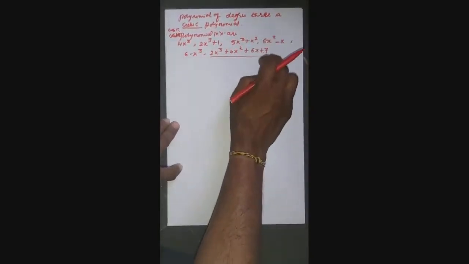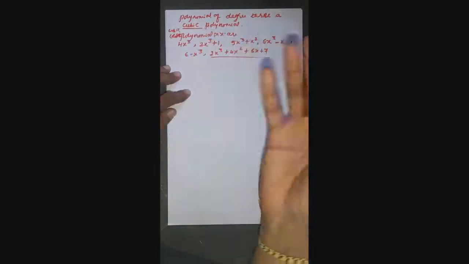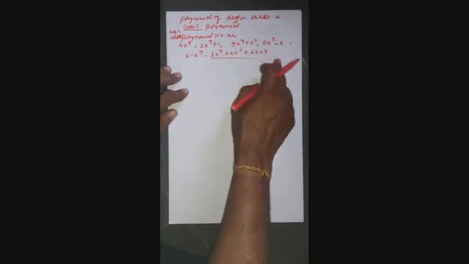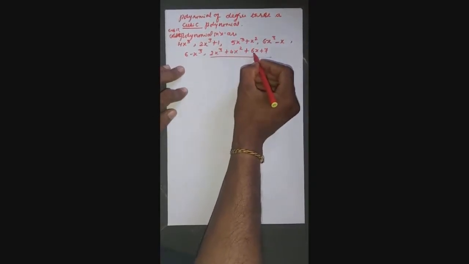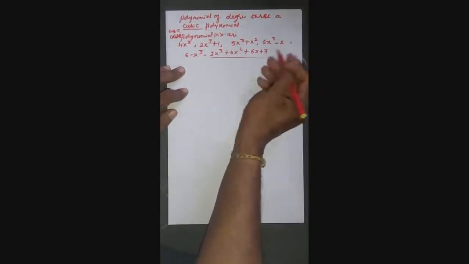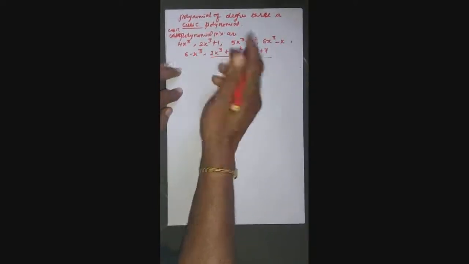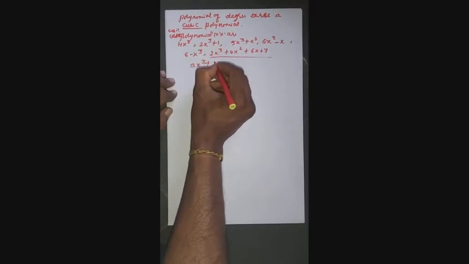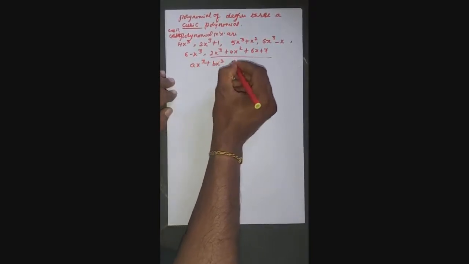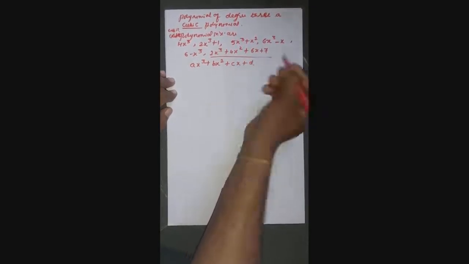How many terms can a cubic polynomial in one variable have? It can have at most 4 terms: 1, 2, 3, 4. These may be written in the form ax cube plus bx square plus cx plus d.